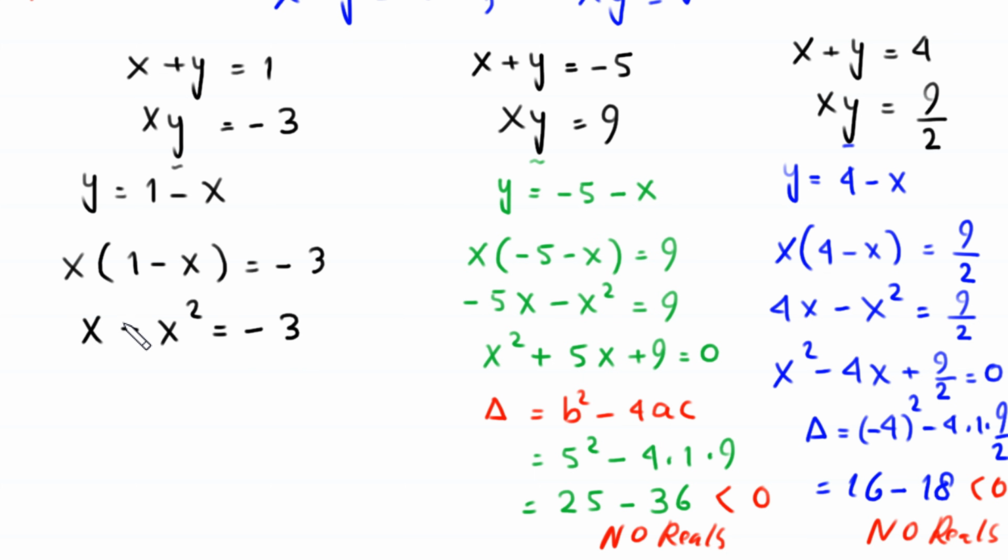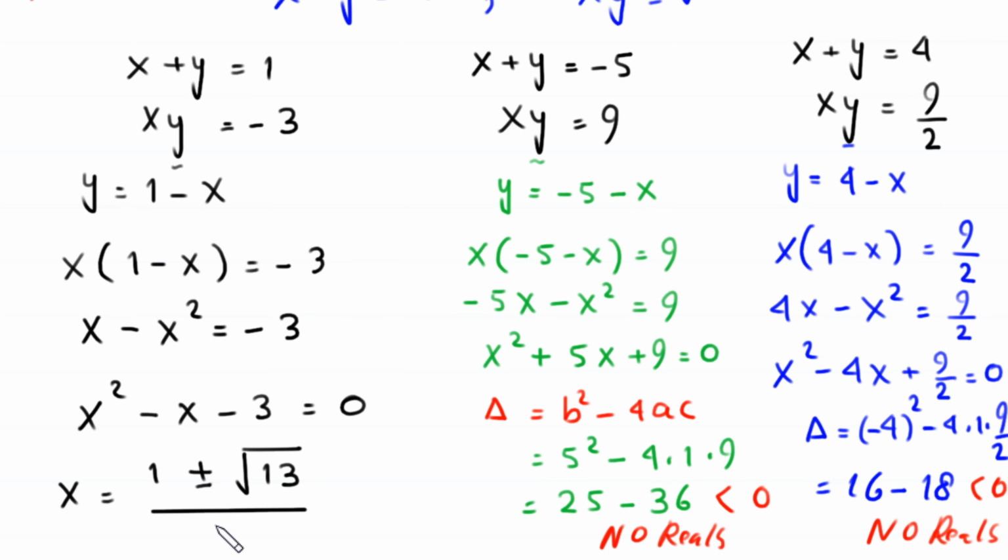Move these two terms to the right hand side. This will become x squared minus x minus 3 equal to 0. From this quadratic equation, x will be equal to 1 plus or minus the square root of 13, divided by 2.